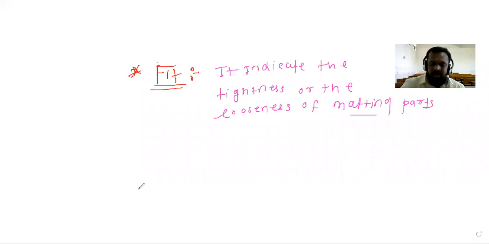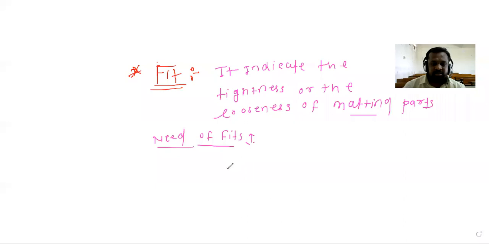Then what is the need of the fit? Why are we providing the fits? Now see the need of fits. Suppose we are not deciding the fit and we are manufacturing the component, then what will happen?